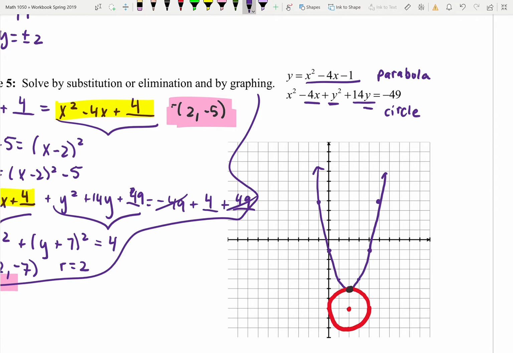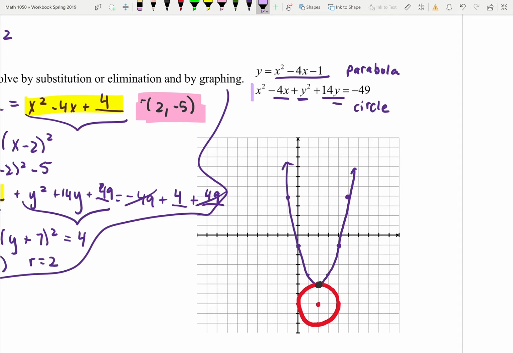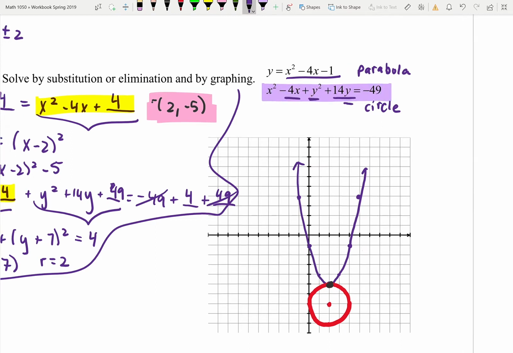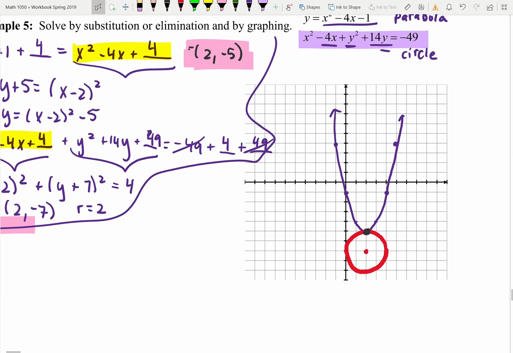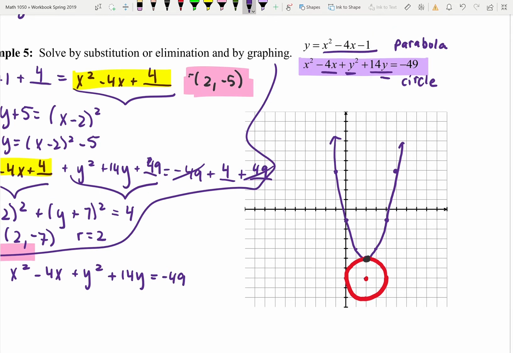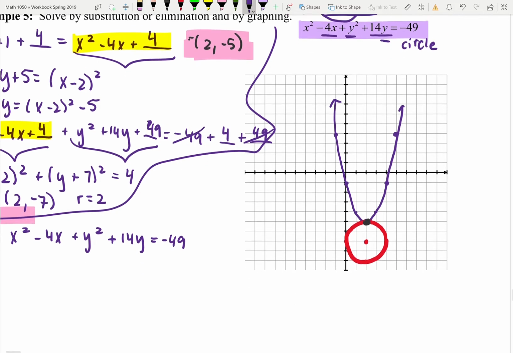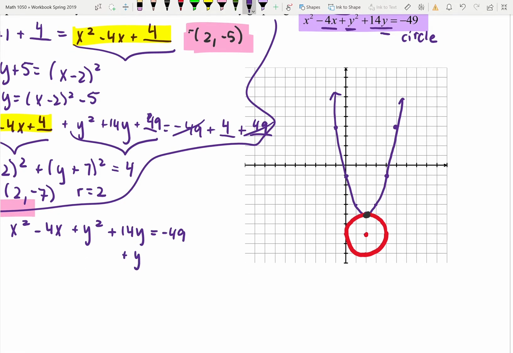Now look at the second equation, how it's all set up, and the only thing on the right is a constant. Let's follow that formatting. Everybody write down x to the second minus 4x plus y to the second plus 14y equals -49. I'm going to take the top equation and pull these two things that way. The y stays as a plus y.